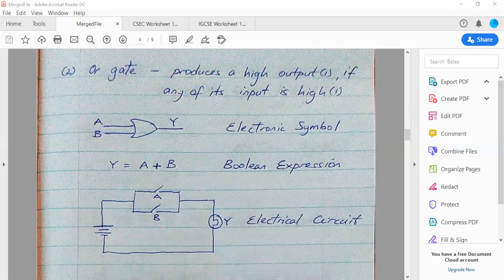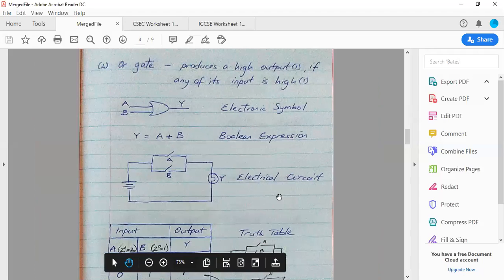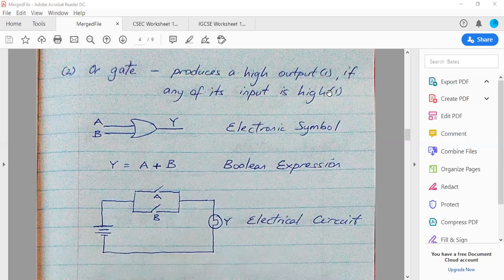The OR gate produces a high output of 1 if any of its inputs is high. Which means once one of its inputs is 1, then it is definitely going to get an output of 1.